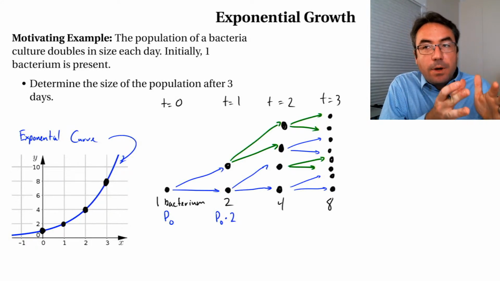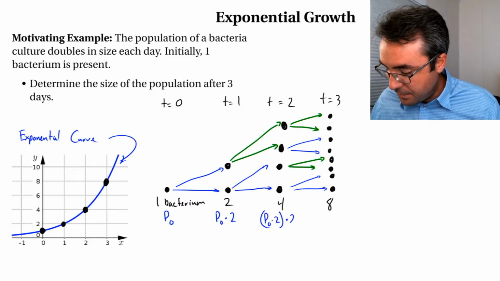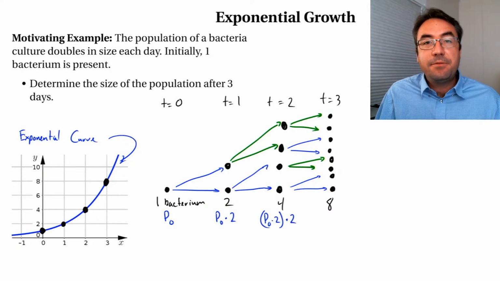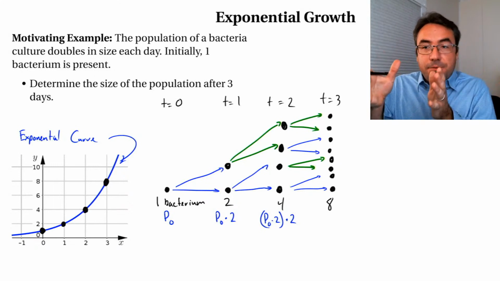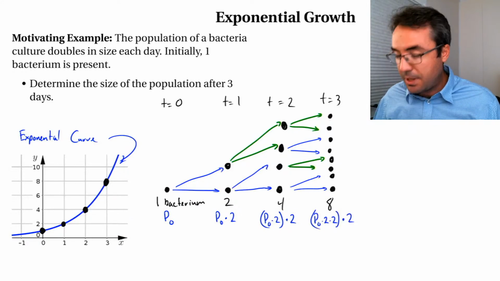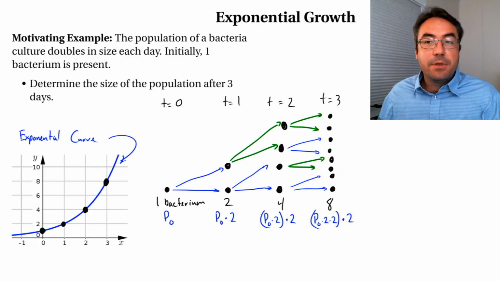Then going from day 1 to day 2, we take the previous population and double it, so we multiply by 2. And then finally, to go from day 2 to day 3, we take our previous population and double it, so we multiply by 2. So after each day here, our population is doubling.